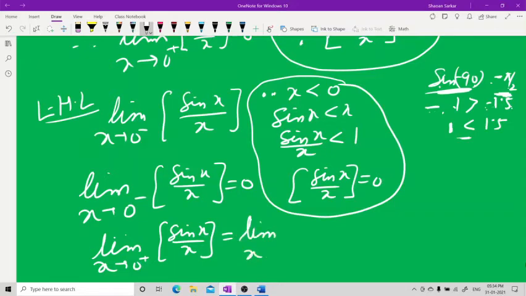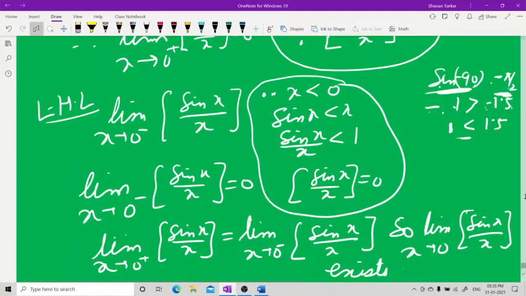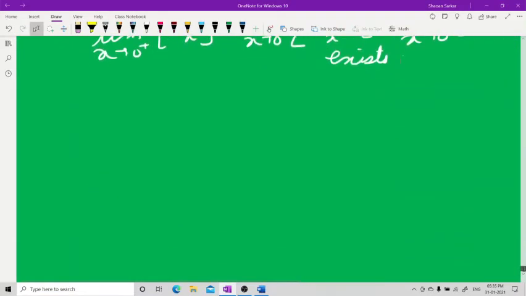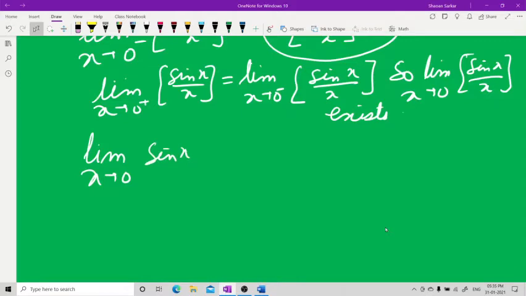Limit x tending to 0 plus sin x upon x is 0, sorry, this is 0 minus. So the limit exists. So limit x tending to 0 sin x and greatest integer exists, and you have already found the limit. So you can write limit x tending to 0 sin x upon x always gives me 0, no problem about it.